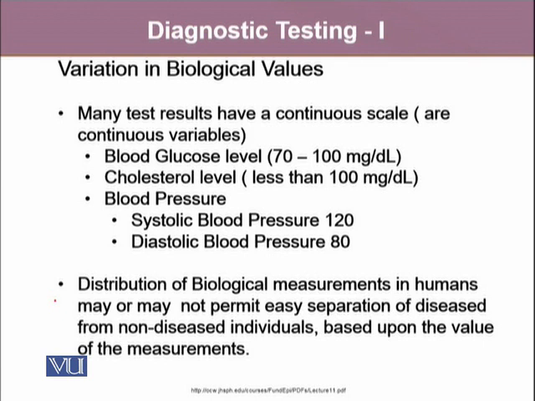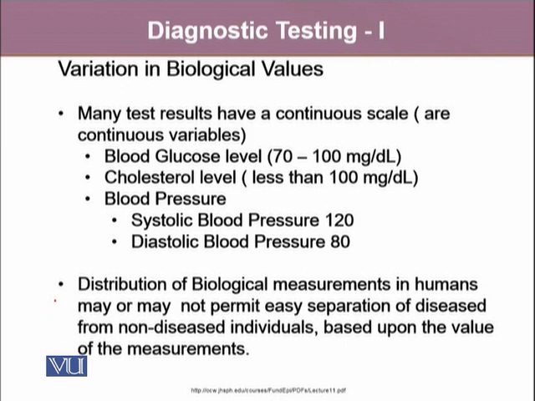But there is a huge variation in biological values. Many test results have a continuous scale. If we talk about the blood glucose level, it could be 70 to 100 milligrams. Similarly, cholesterol level could be less than 100.